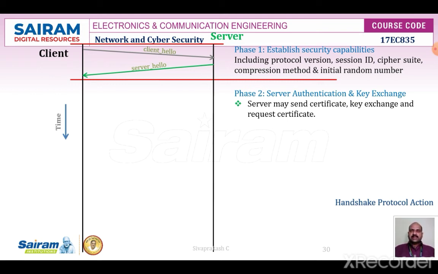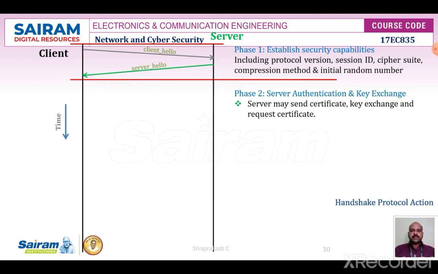Server authentication and key exchange. Before going to this, a few more data are present. That is the key exchange methods which are supported by the client or requested by the client to the server. That may be the RSA algorithm, fixed Diffie-Hellman, ephemeral Diffie-Hellman, or anonymous Diffie-Hellman algorithm.